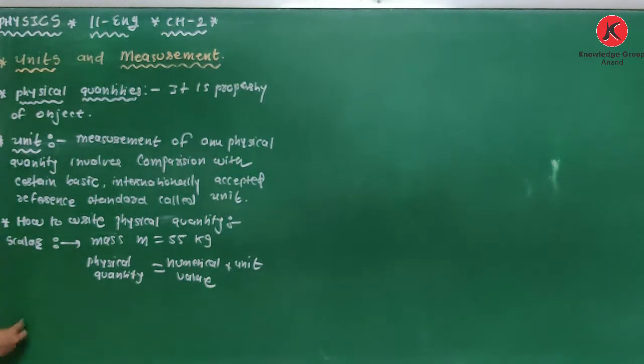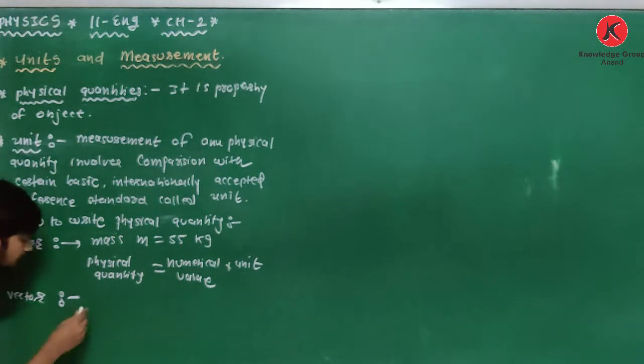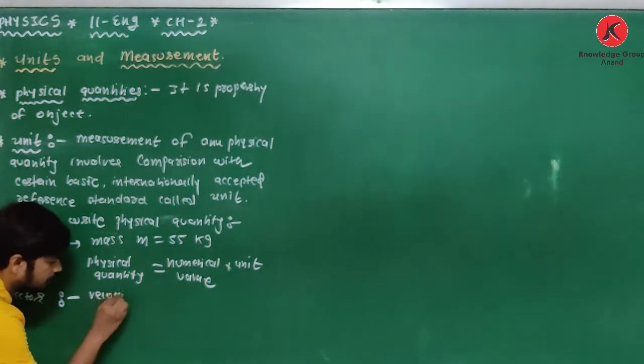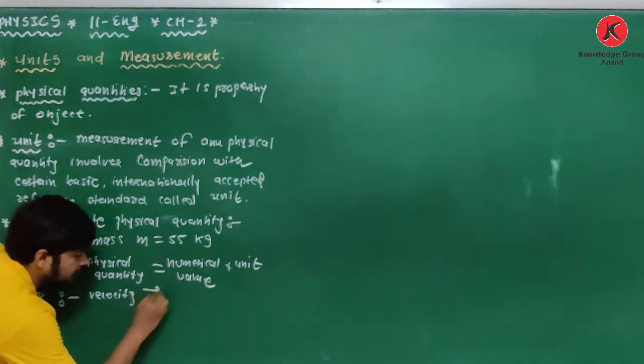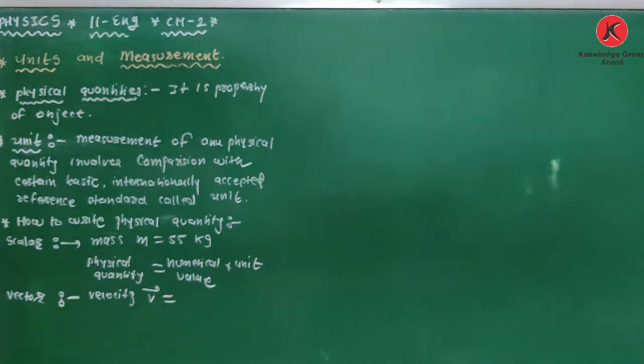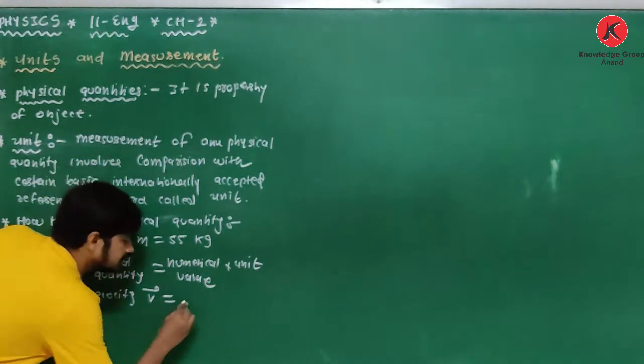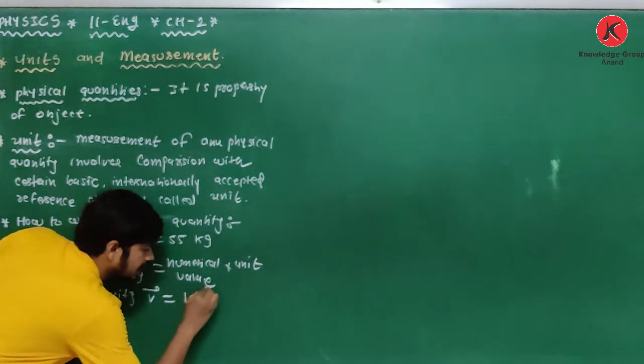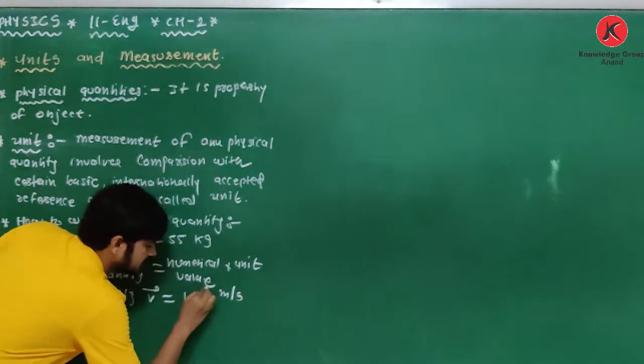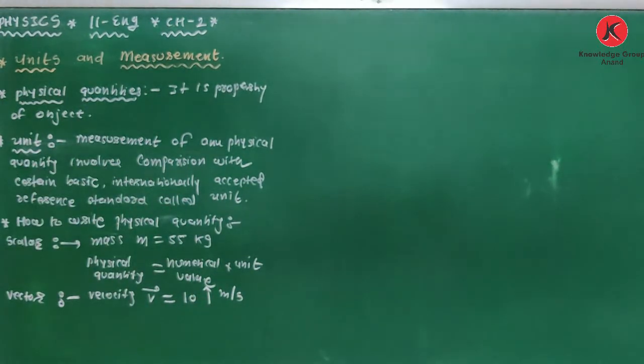Now for vector, how to write any physical quantity if it is a vector. For example, we have velocity. Then velocity v is equal to 10 i caret meter per second.